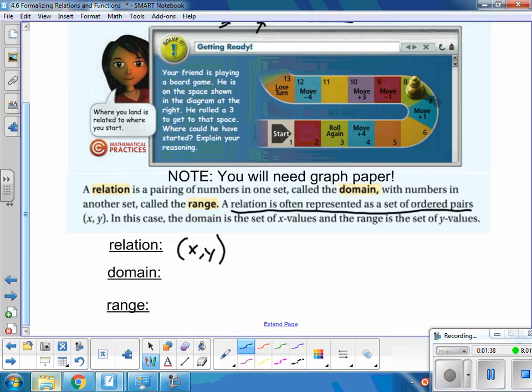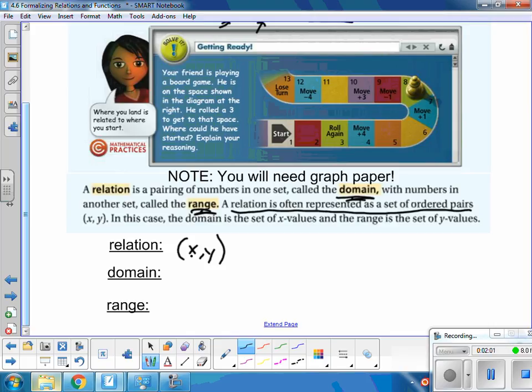Now, a relation is looking at the two things, the x and y, and their relationship together. A part of that relation is called the domain, and that's all part of one set. And then we're going to look at the relationship with another set, which is called the range. So we have two sets of numbers. Part of them is the domain, part of them is the range.